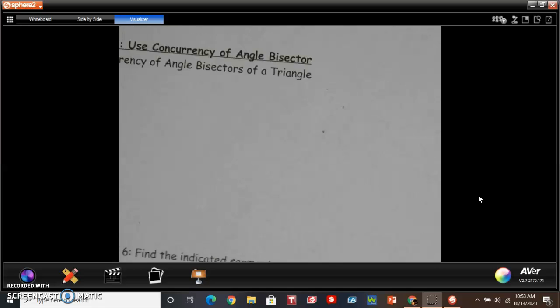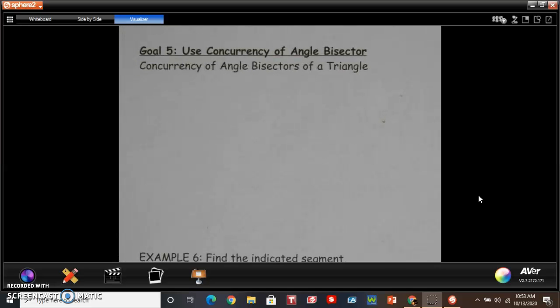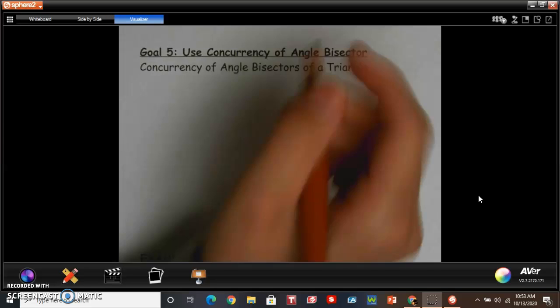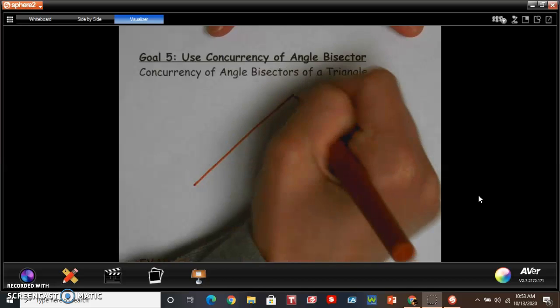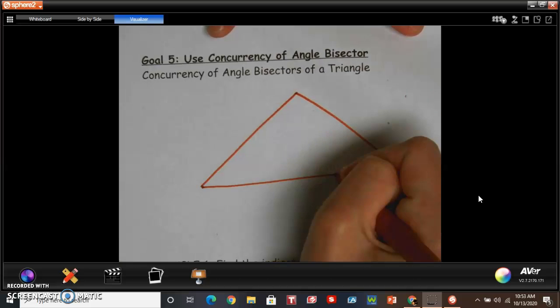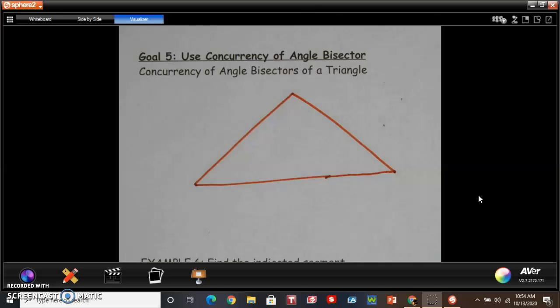All right, and then our last goal for today, goal number 5. We're going to be talking about congruency of angle bisectors. So again, we have a triangle. And we're talking about what's going to happen if we have 3 angle bisectors intersect.